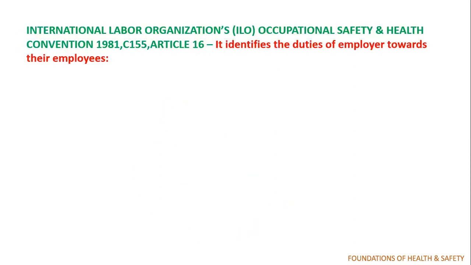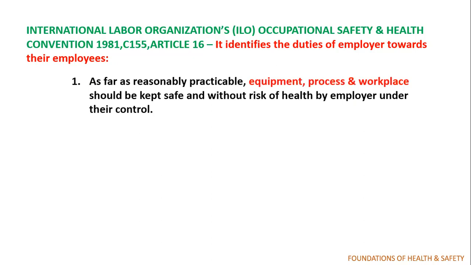The International Labour Organization's Occupational Safety and Health Convention 1981, C155, Article 16 identifies the duty of employers towards their employees. As we have already discussed, the employer has to keep equipment, process and workplace in a safe condition and without risk to health.